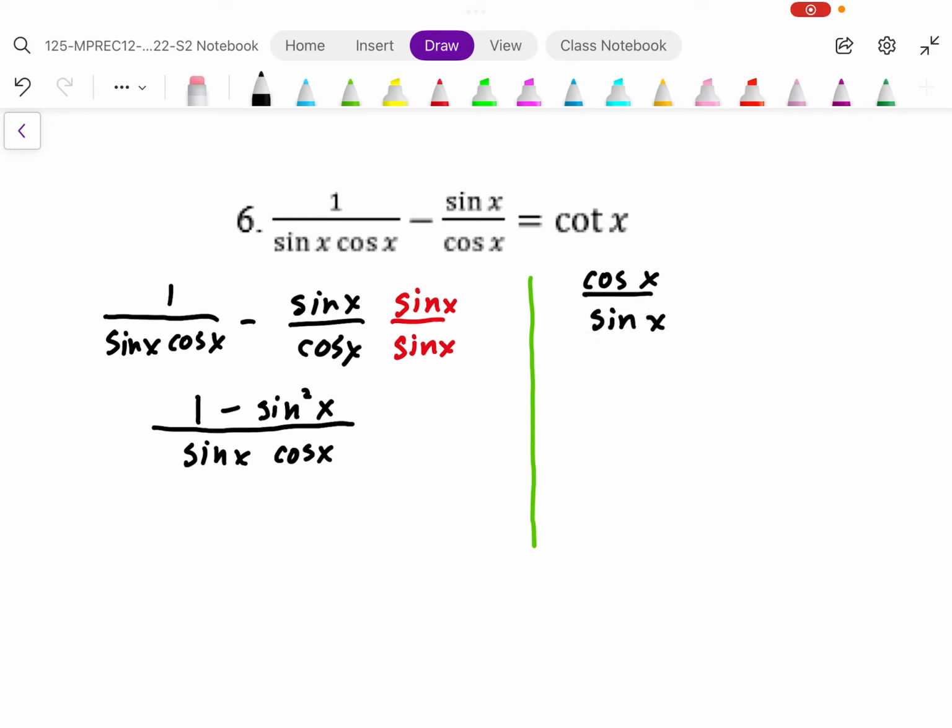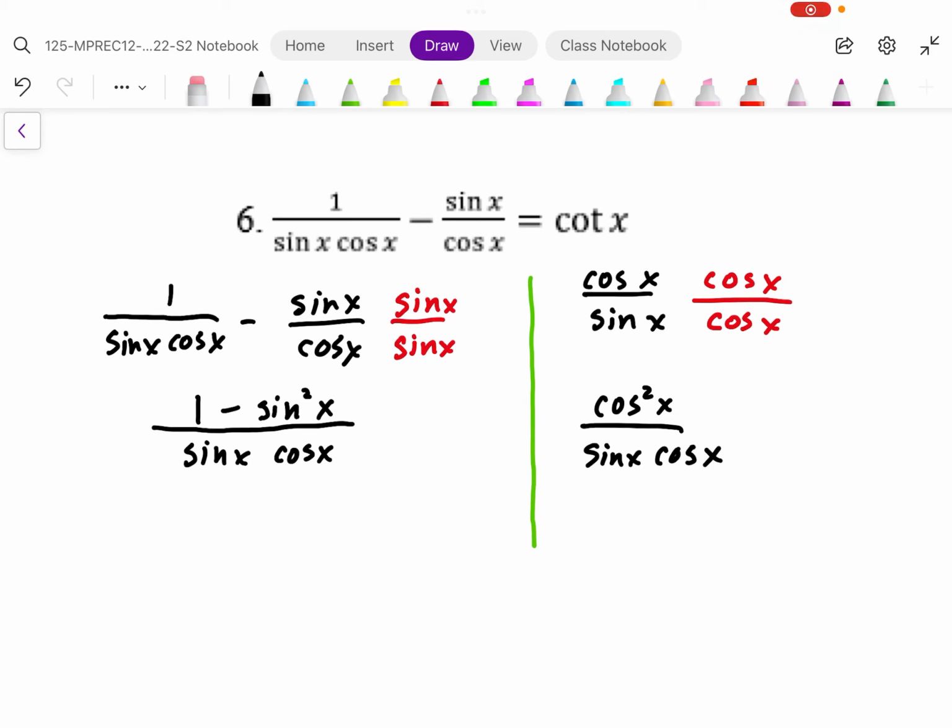That's my identity for cotan. And I want to get a common denominator on this side, so I'm going to multiply by cos x on top and cos x on bottom. So on the right-hand side, I now have cos squared x over sine x times cosine x.